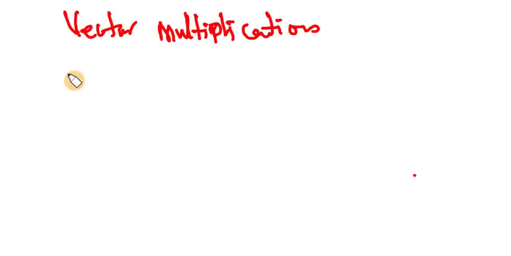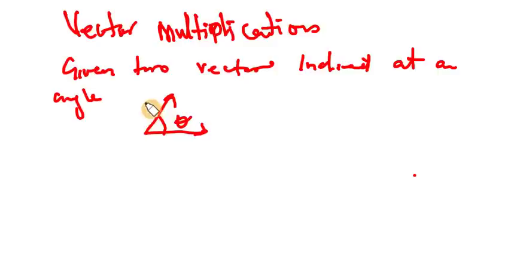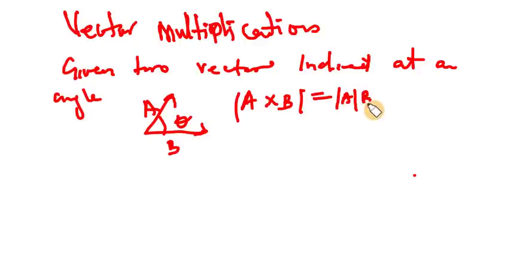Given two vectors inclined at an angle, let's say this is A, this is B. From the idea of dot product, we can find the idea of cross products, giving this relationship: A cross B equals magnitude of A, magnitude of B, sine theta.